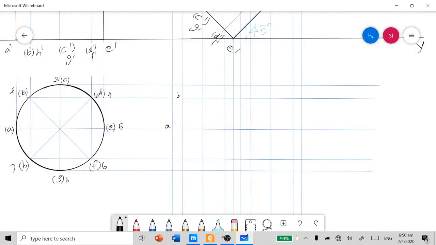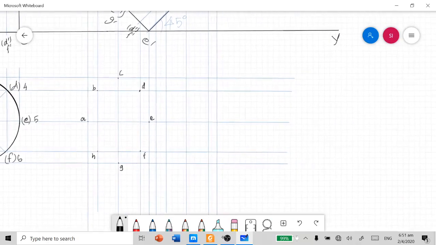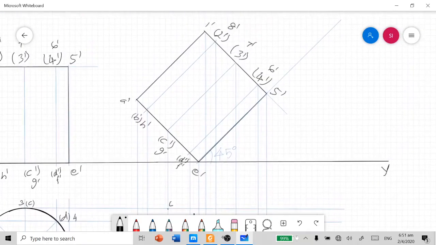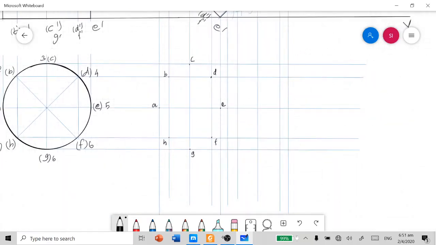A, B, C, D, E, F, G and H. In the case of face points, starting from 1, 2, 3, 4, 5, 6, 7 and 8.